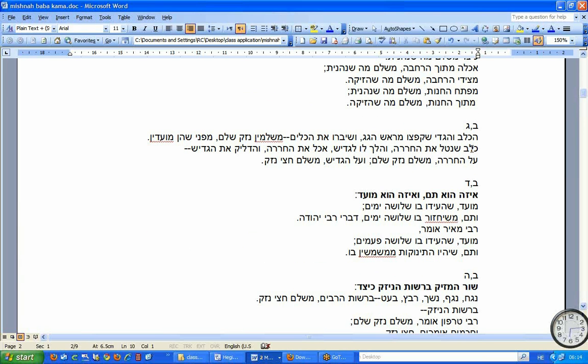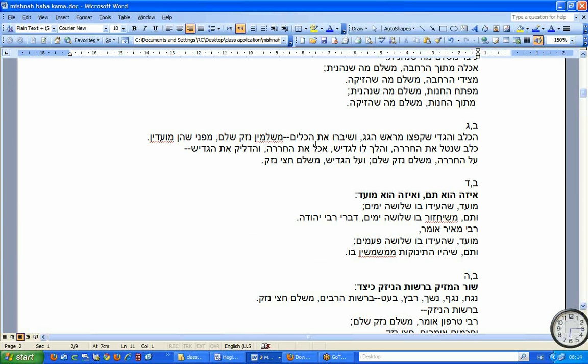Well, here's an interesting one. A Kelev shenatno hacharara. There's a bread that's on a charcoal fire, and the Kelev takes the bread, and it has some burning charcoals on it. V'holoch legadish, and he carries it to someone's wheat, right?